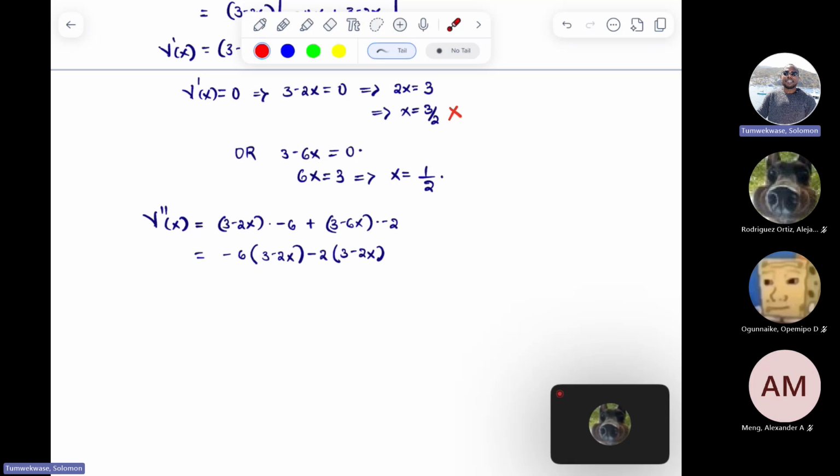If I substitute 1/2 wherever there is x, I'll have negative 6 into 3 minus 2 into 3 minus, oh, sorry, I think we made a mistake. So this should be minus 2 into 3 minus 6x.